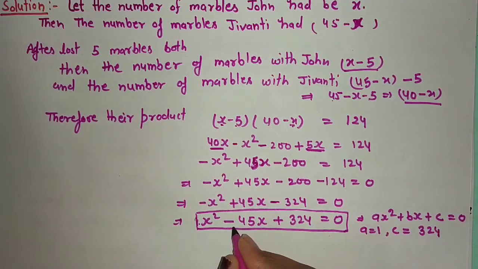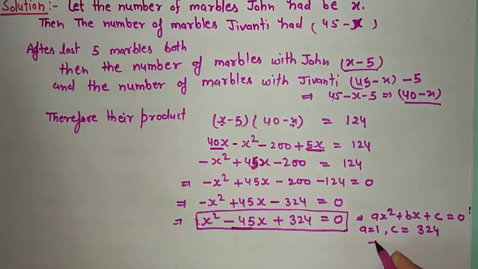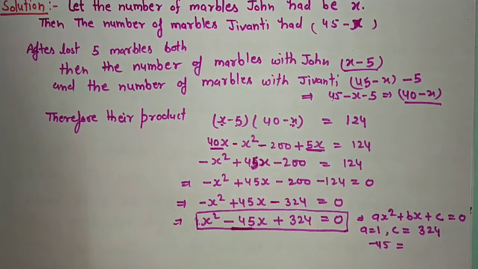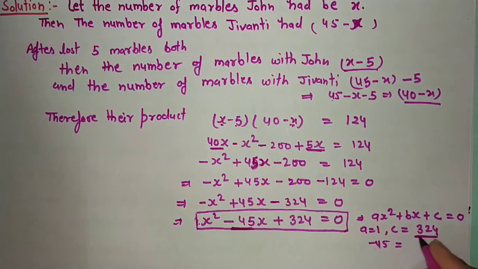Here we factor minus 45 such that the product of the factors is 324 and their sum will be minus 45.